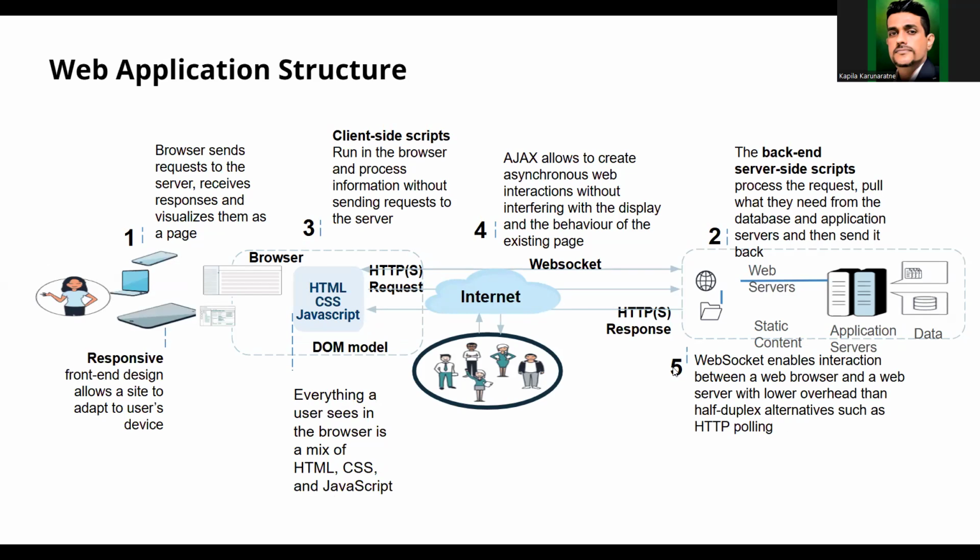It will go back as an HTTP request and come to the CSS, JavaScript or HTML scripts, and it will go to the browser, and you can see it via a mobile device, something like that. So you will get the response from the front end, maybe your PC, and it will go as HTTP via client-side scripting, and it will go to the web server via a WebSocket, and we will get the response back as HTTPS.